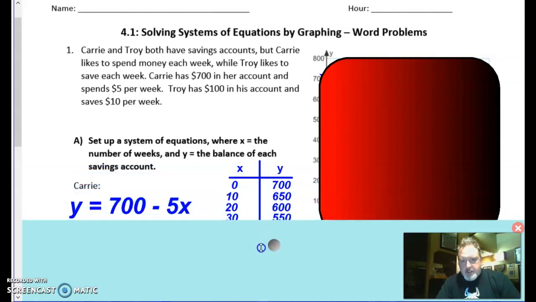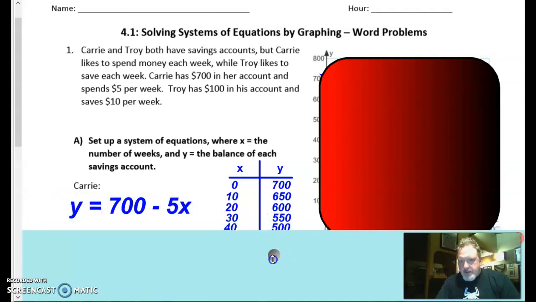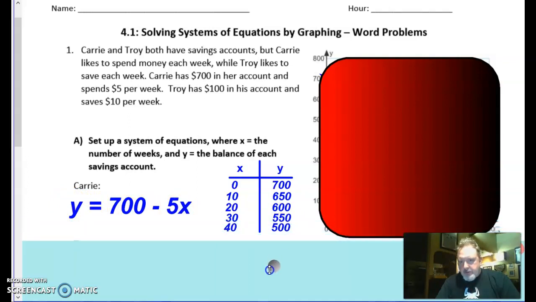Carrie started with $700, spending $5 a week, so it's going down by $5, and Y is the amount in her account. You may not be able to see it yet, but my X scale goes by tens, so that's why I went by tens here. At week 0, she started at 700.